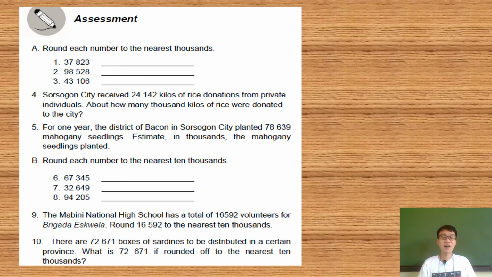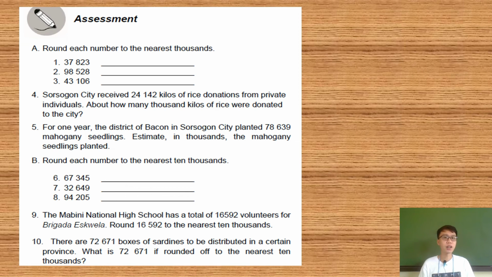And to assess our lesson for today, do the following activities. For letter A, round each number to the nearest thousands. Number 1, 37,823. Number 2, 38,528. And number 3, 43,106.